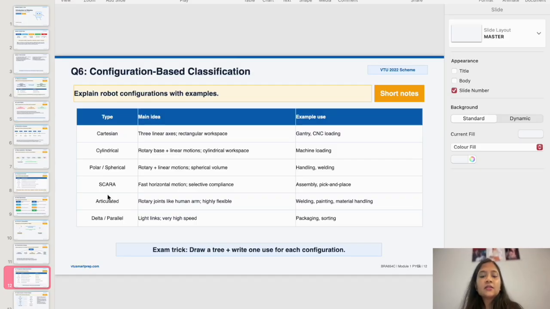Next we have the articulated robot, which has rotary joints like a human arm and is used in welding, painting, and material handling. A delta robot is very fast and used in packaging and sorting. So here you can draw the classification tree and write one example for each type.